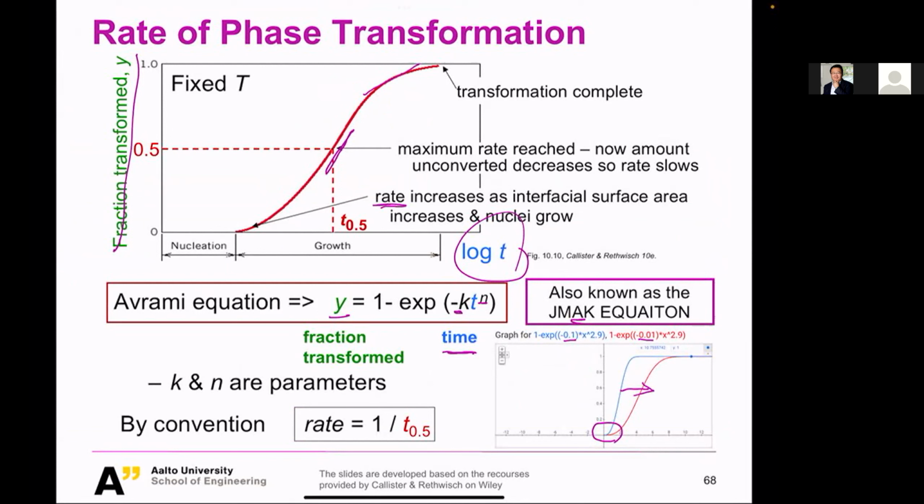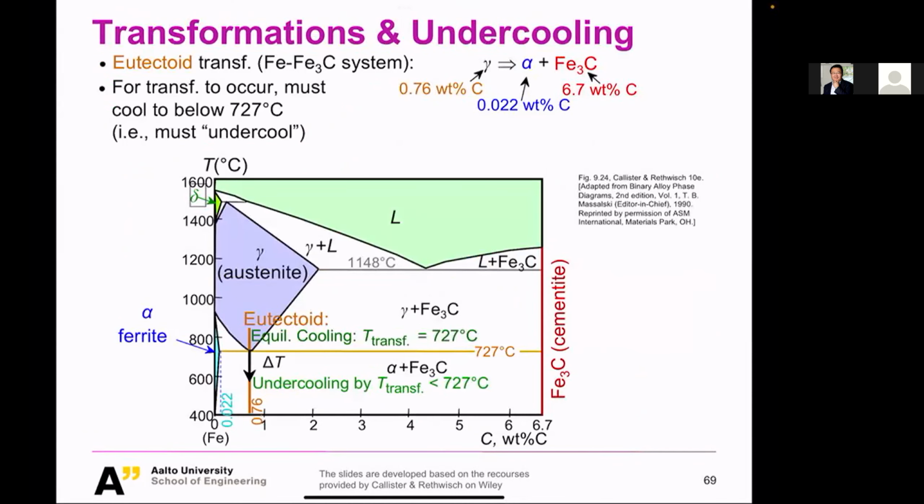It's going to be the rate exactly at the time you reach, let's say, 50% of the transformation. So the time is t0.5. Remember, the 0.5 is referring to half of the volume fraction of your phase transformation. And if you take the reciprocal of it, you get the rate. All right. Now that was the rate of transformation.